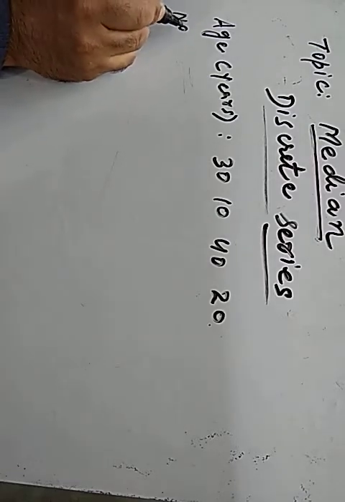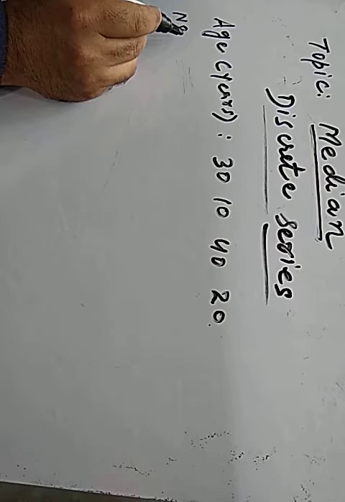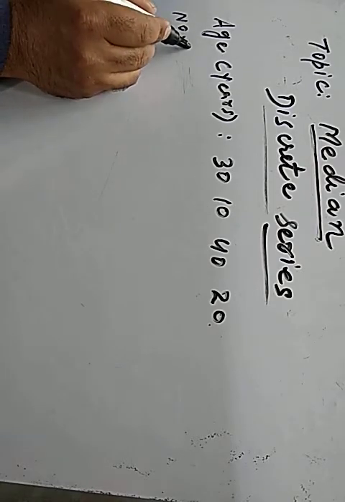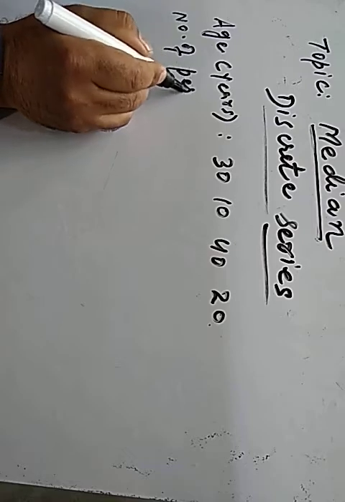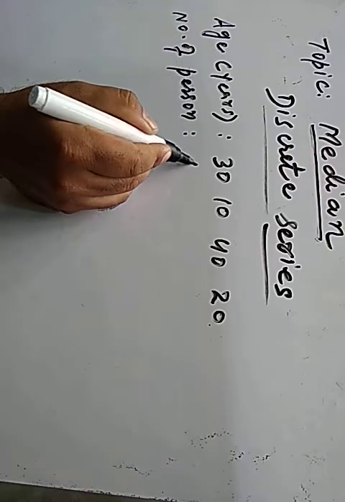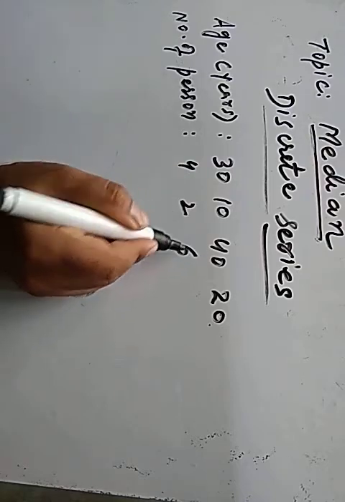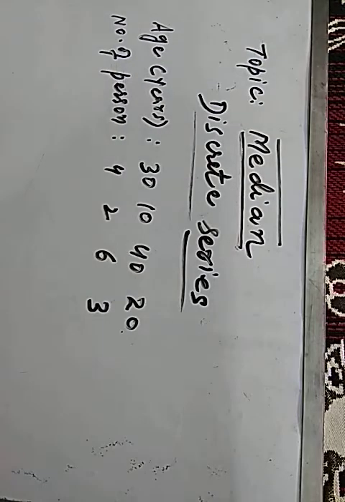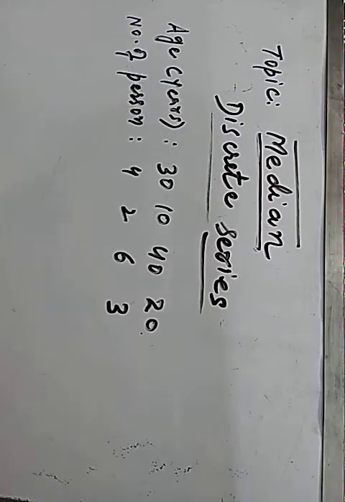And the number of persons falling in these age groups are 4, 2, 6 and 3. Now from this data we have to obtain the value of median. We have to calculate median.